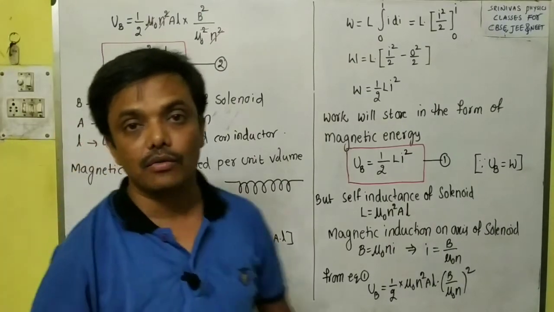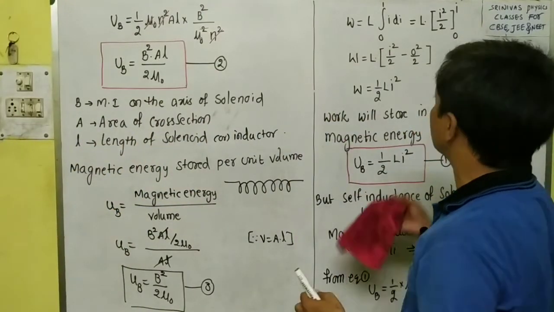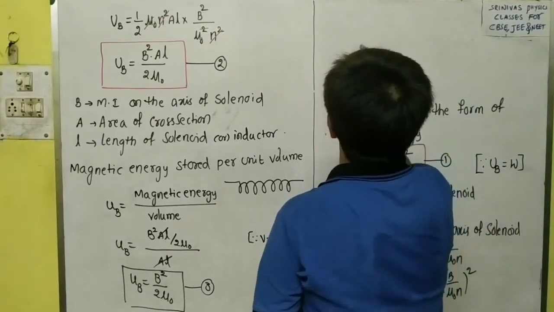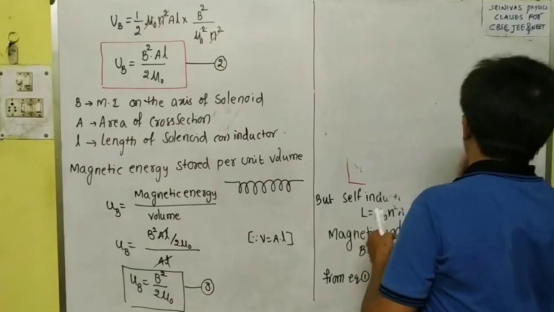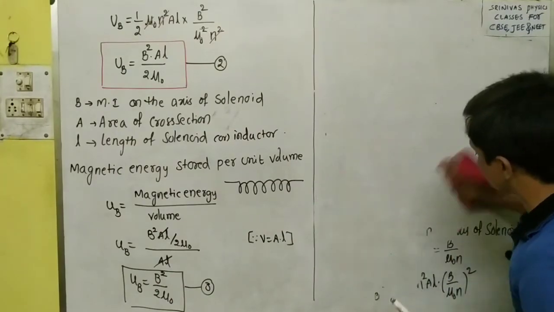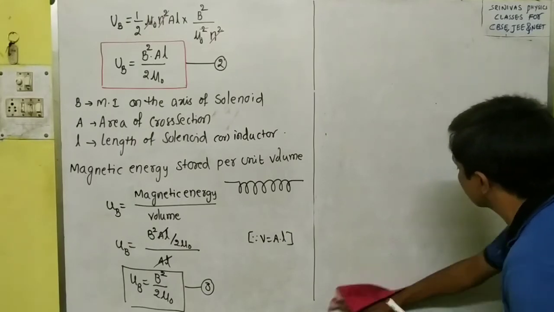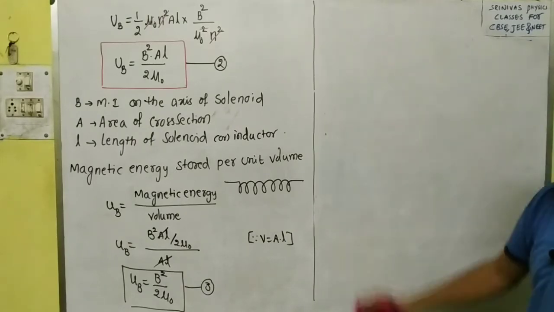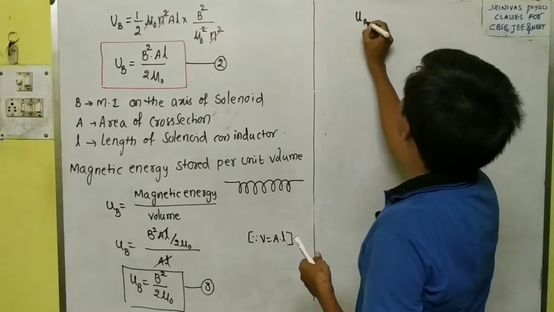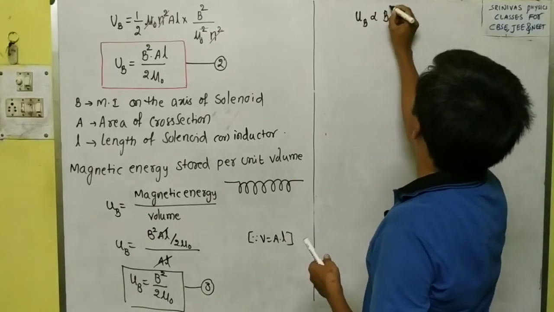This we can compare with the electrostatic energy stored in the capacitor. The magnetic energy stored per unit volume is proportional to B square.